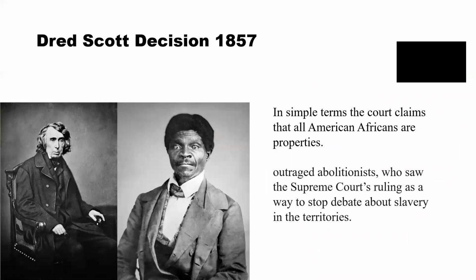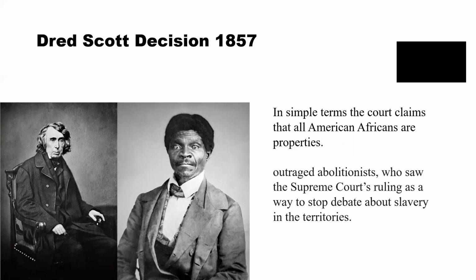Now let's talk about the Dred Scott decision in 1855. This is a Supreme Court case in which the court claimed that all African Americans are property and are not entitled to enjoy the same rights as white Americans.